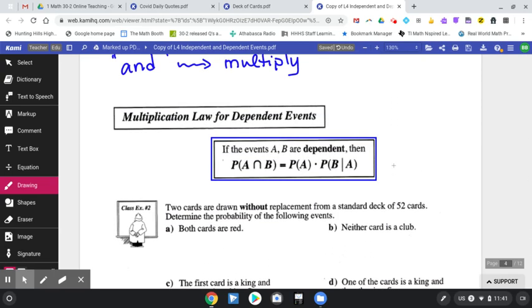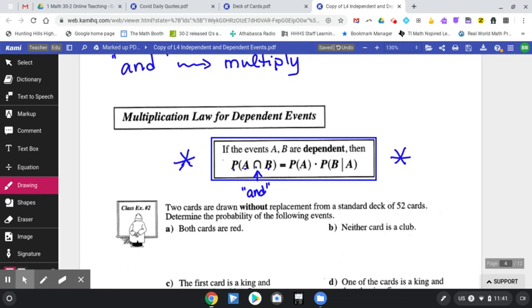And then they show it a little differently here for dependent. But I think when you're doing questions with and, you should always be thinking about this formula anyway. We've got the intersect, which is and. So we're looking at probability of A and B. So and is multiply.